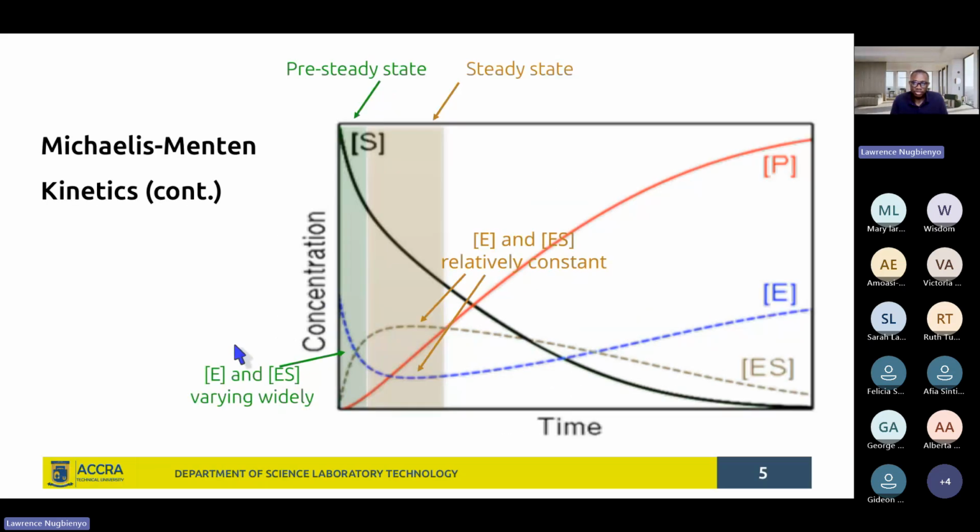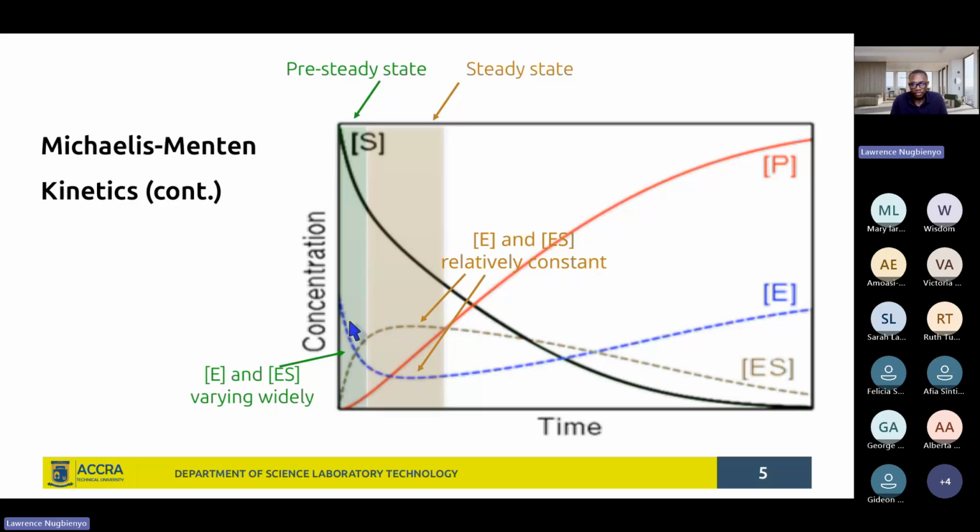So we can look much more at these stages. And we see the very first stage of this reaction, where there is the formation of the enzyme substrate complex.